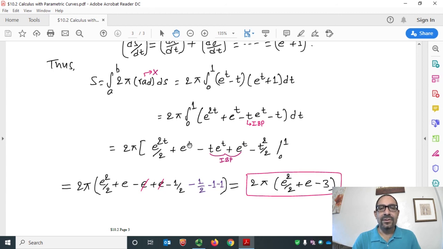Here, e to the 0 is again 1, so then minus 1. This part becomes 0, this part becomes 0, so only this term, again, minus 1. Now add and subtract, and your final answer turns out to be 2 pi times e square over 2 plus e minus 3. Great. So we finished this section 10.2.